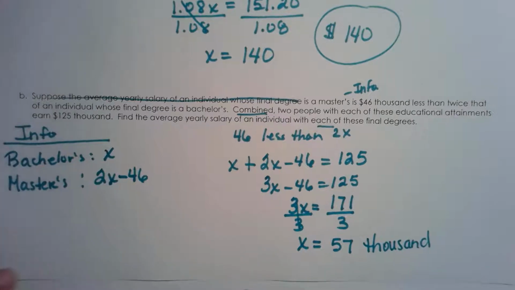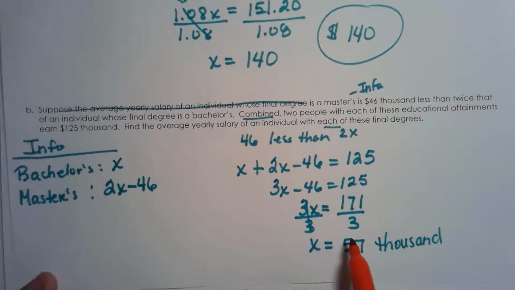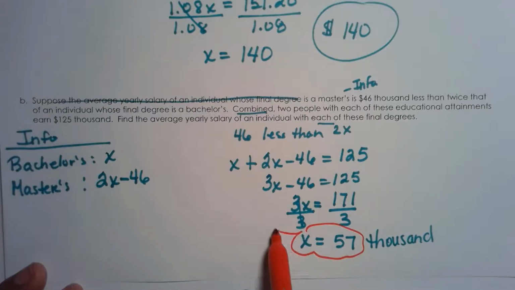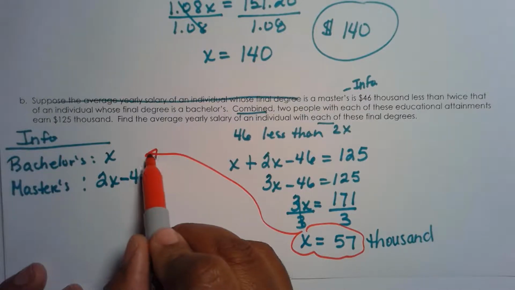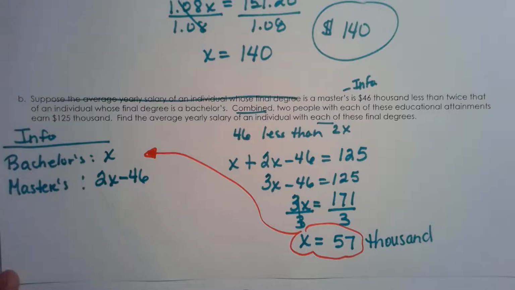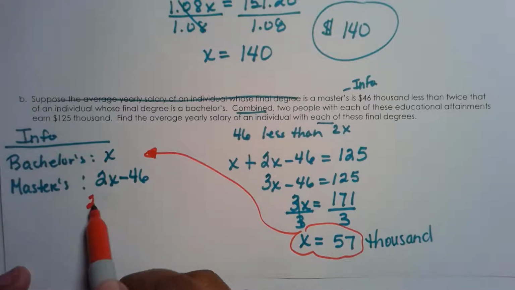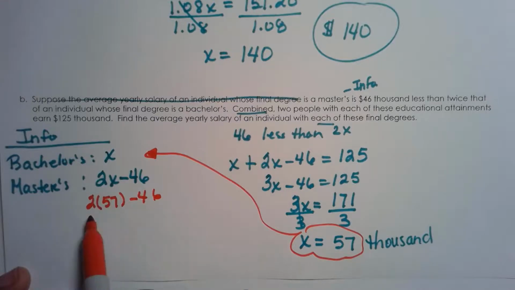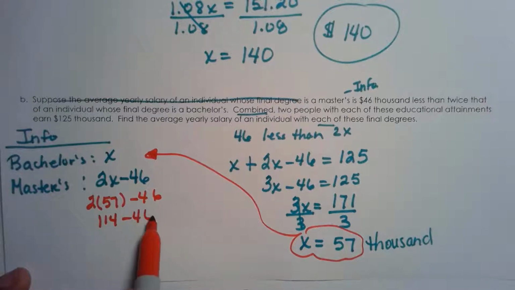The bachelor's. So what we're going to do is take what x is equal to and plug it back into our information box that we created at the beginning. So bachelor's earned $57,000. Well, the master's, you're saying 2 times 57 minus 46. 2 times 57, we have 114 minus 46.